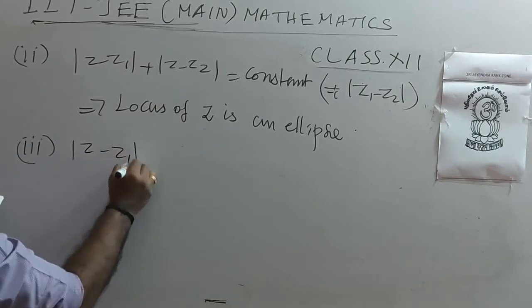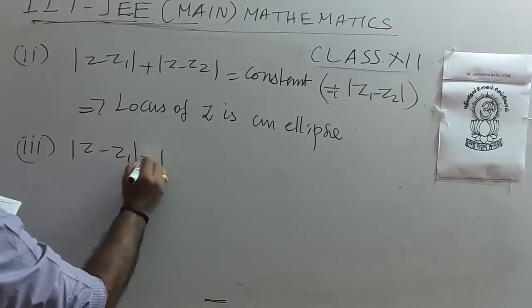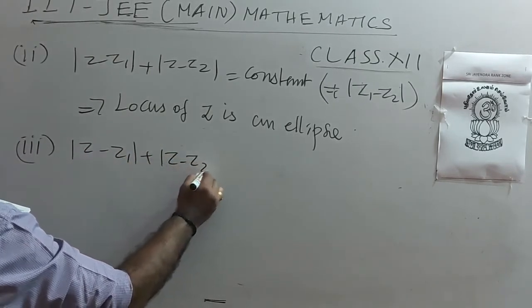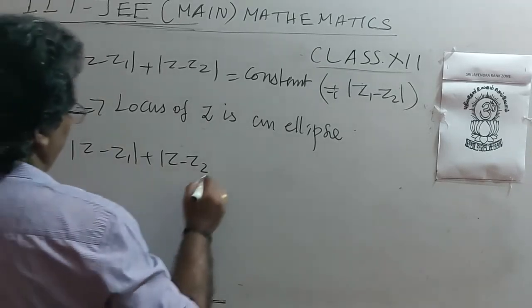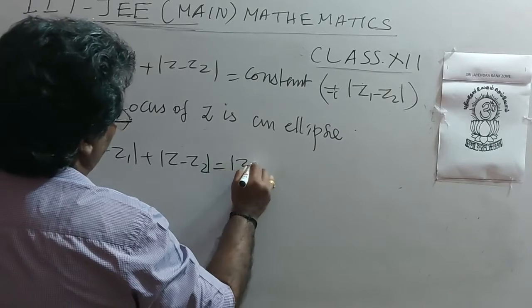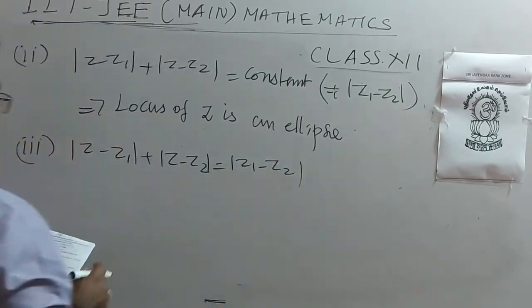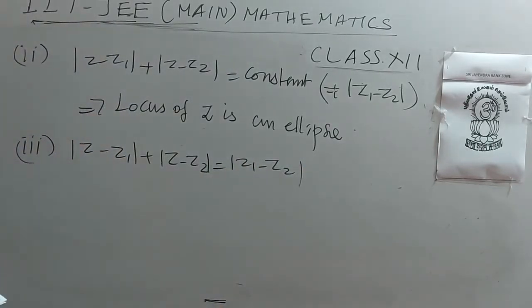Modulus of z minus z1 plus modulus of z minus z2 equal to modulus of z1 minus z2.